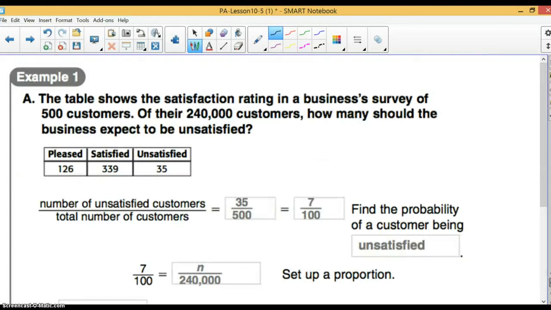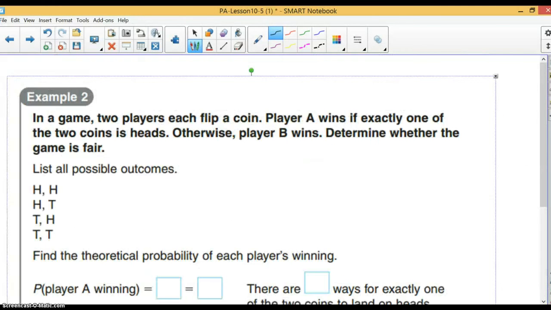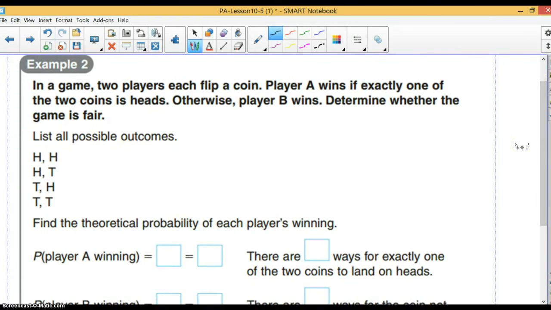Now our second example for the day looks at using probability to figure out whether or not a game is fair. This is something you already have a little bit of practice at from what we did on Friday. In example 2, we have a game where two players each flip a coin. Player A wins if exactly one of the two coins is heads. Otherwise, player B wins. Determine whether the game is fair. So just like we were doing before, we want to list all the possible outcomes.